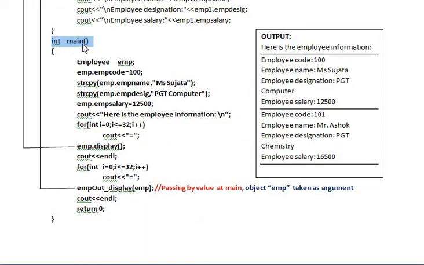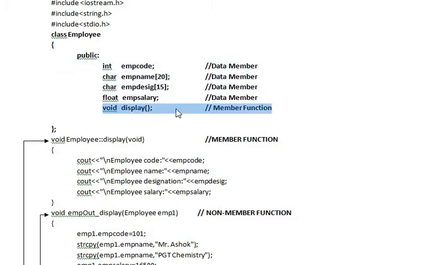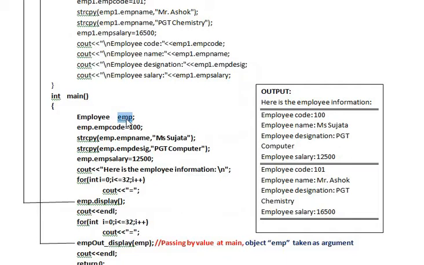The program starts with the main function because main is the inception of a program. Every C++ program has to start with the main function. So just as I enter inside its body, the first statement declares an object identified by the name emp of the class employee. Now as soon as this object emp gets created, these data members and this member function display shall be bound to the object so that it forms an encapsulation around the object.